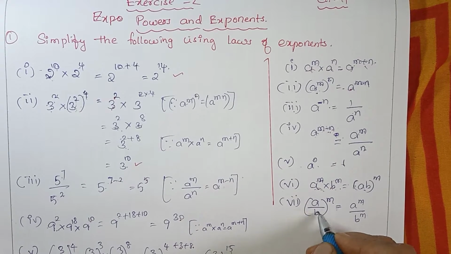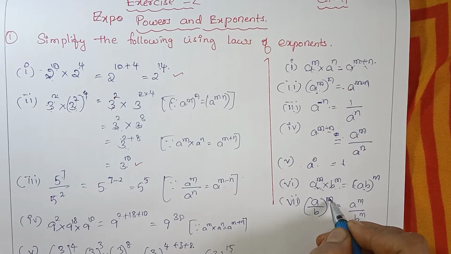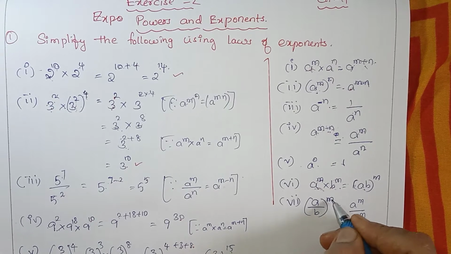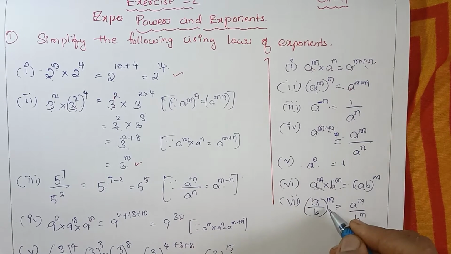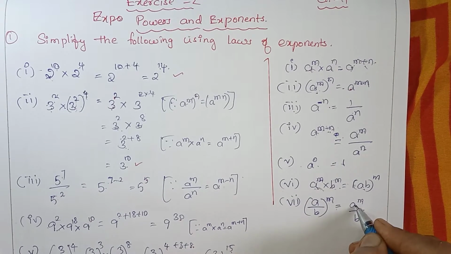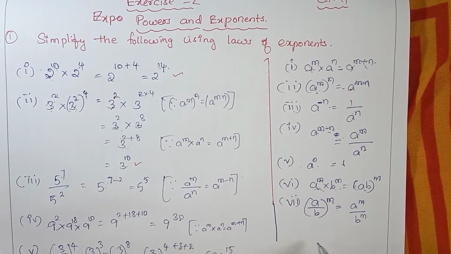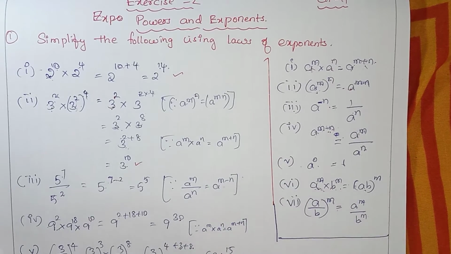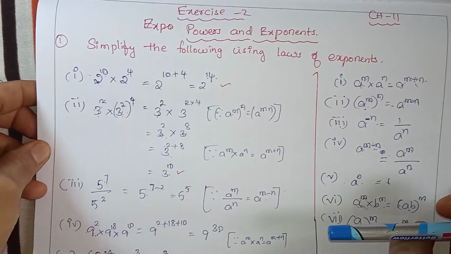Next, a by b whole to the power of m, which means the power will be applicable for a and b also. If it is whole power, then the power will be applicable for a as well as b. So a to the power of m by b to the power of m. These are very important 7 laws of exponents. Based on this only we have exercise problems.